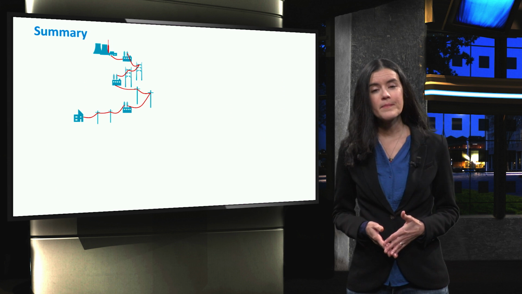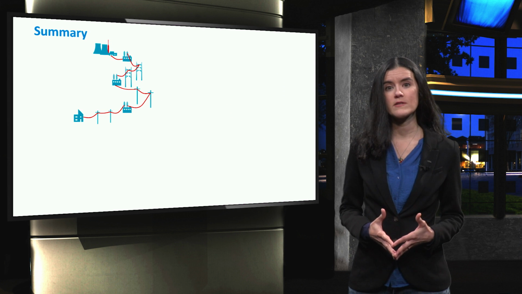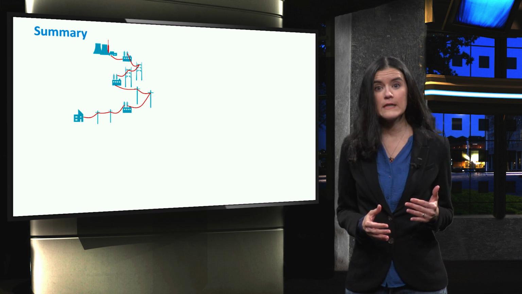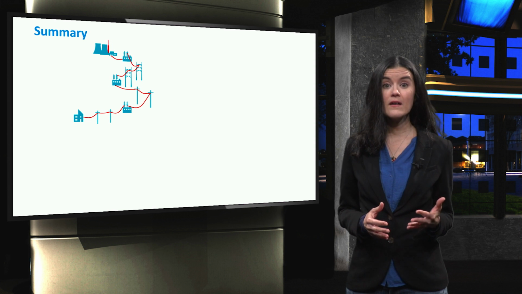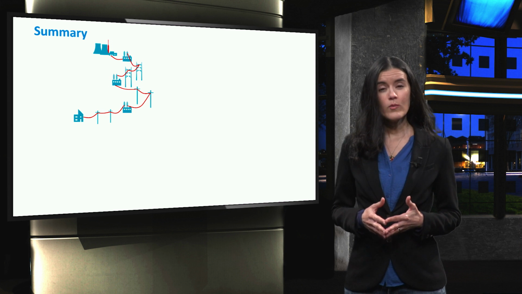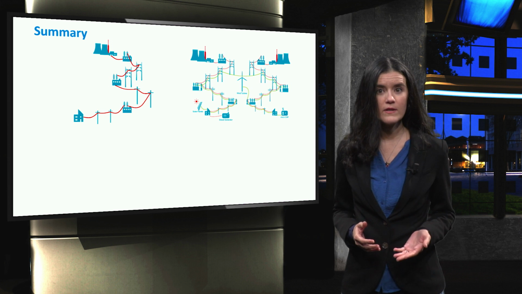So to sum up, in this video we have briefly covered the structure of a traditional power system. Here, the power goes unidirectionally from generation at a high voltage level to consumption at a low voltage level. We discussed some of the challenges introduced by renewable energy sources to the network.